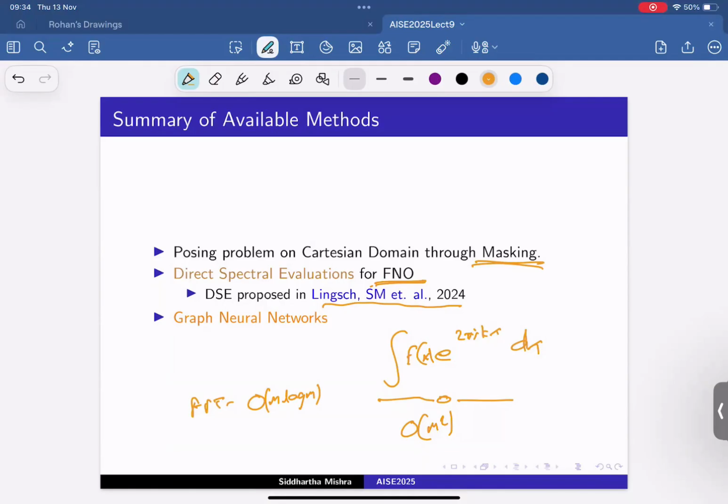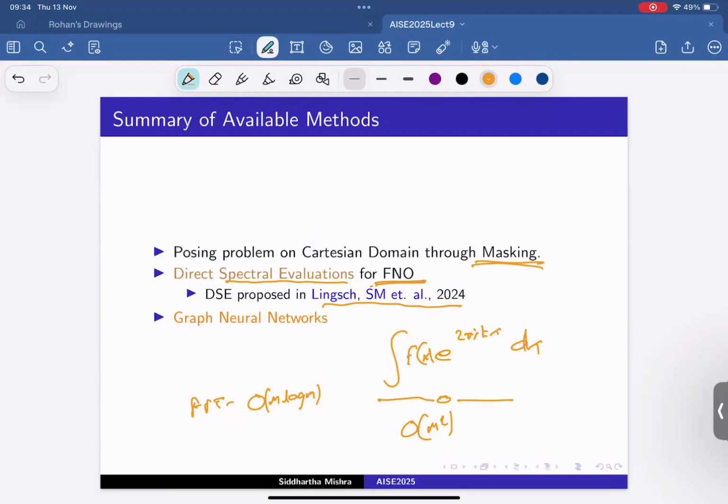So we took a very complex data set and reduced it into 20 or 24 Fourier modes, and then you operated on that. This can be done by using what are called direct spectral evaluations. This is often a baseline that we used, but again, there is no geometric understanding. It's still a Cartesian domain method that we are cheating by simply evaluating the Fourier transform in that manner. So it's still a viable option.